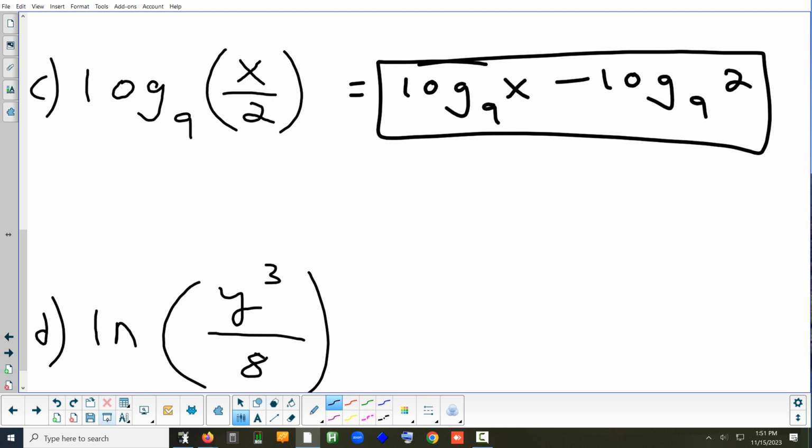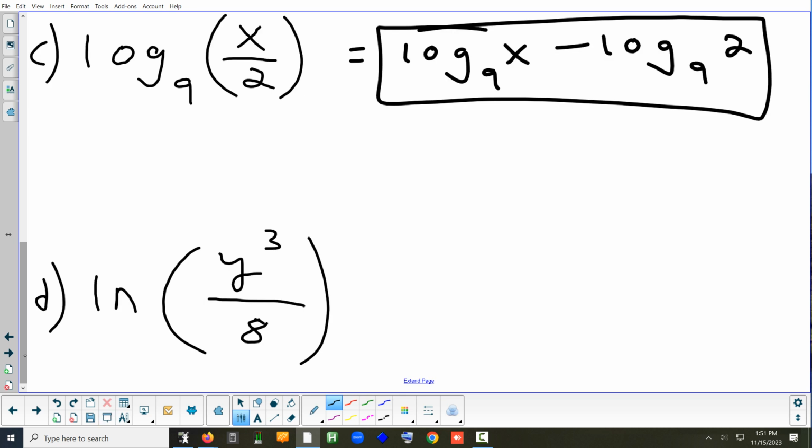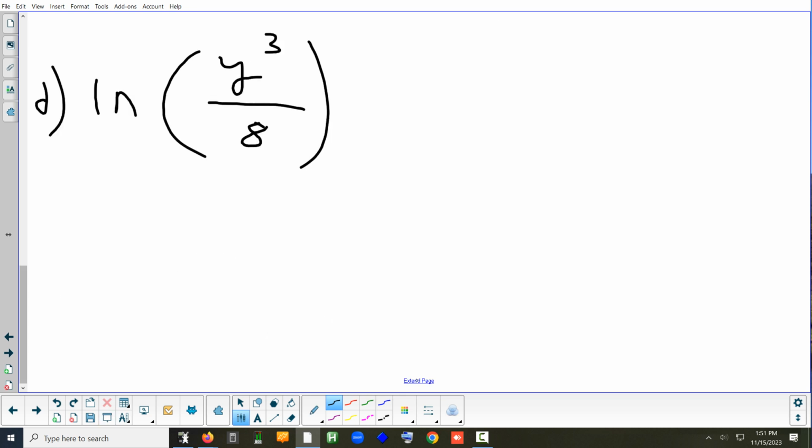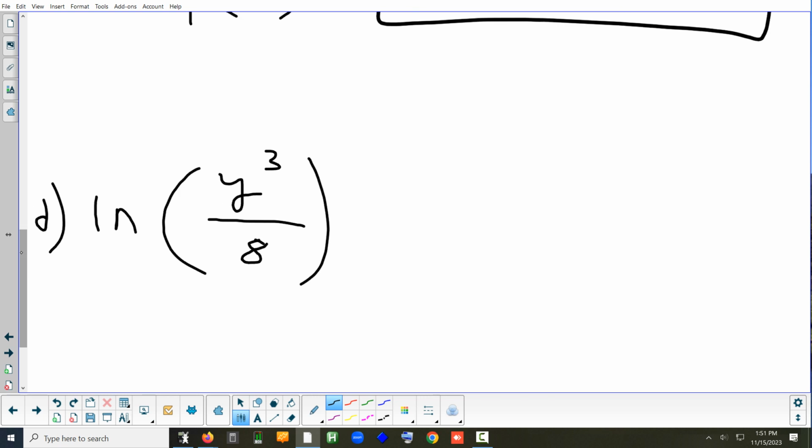All right, let's try this one. The natural log of y cubed divided by 8. Okay, how many logarithms is this going to split up into? 2. It's just not going to be written as log. We're going to be writing ln. It's really log base e, but we don't write it that way. We just write ln. ln and an ln. We've got what operation inside the argument? Division, and that turns into subtraction.